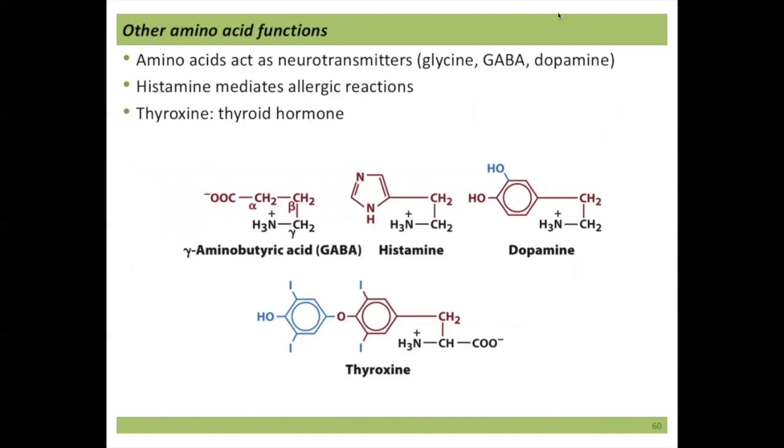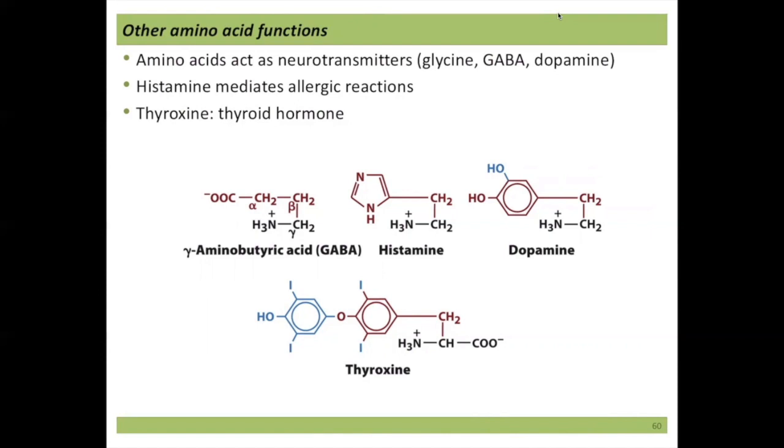But as I mentioned, amino acids aren't just for proteins. We do use them. This compound here, gamma-aminobutyric acid, is a decarboxylated glutamate amino acid. It is a neurotransmitter. Histamine right here, if you're suffering from allergies, is a decarboxylated histidine.